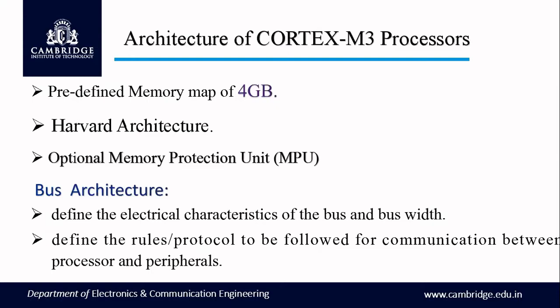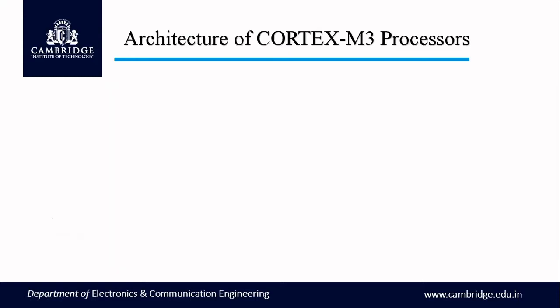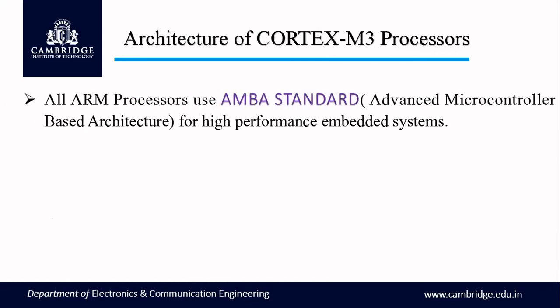Since the ARM company is involved only in the design process, they concentrate on the second level, that is, they give the standard for the communication to happen, and that standard is called the AMBA standard. AMBA stands for Advanced Microcontroller Bus Architecture. All ARM processors use the AMBA standard for their bus architecture. That's about the buses.